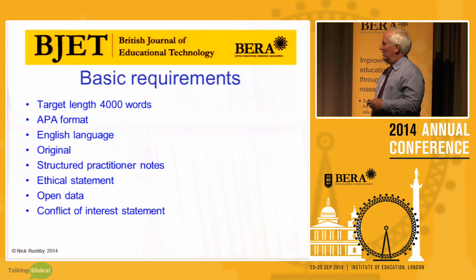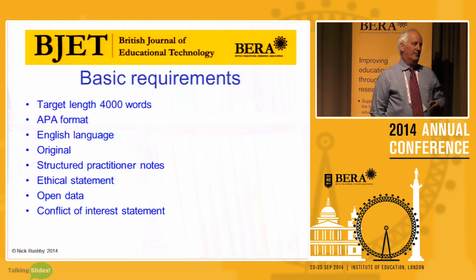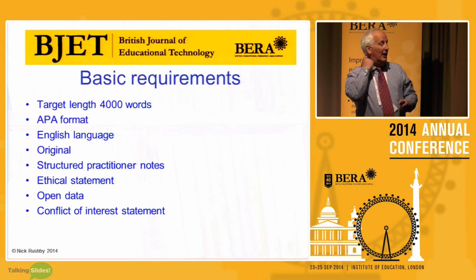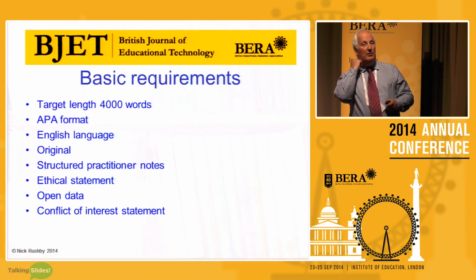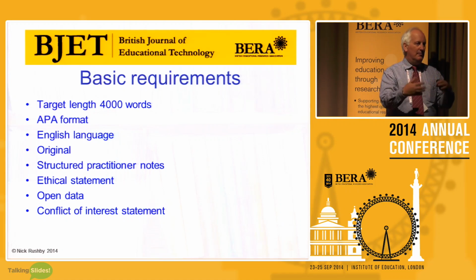We also ask for an ethical statement. We also ask for a statement on open data. We're very keen that people's data sets should be available to other researchers by putting them in a repository. Sometimes it's not possible, but a statement about that.